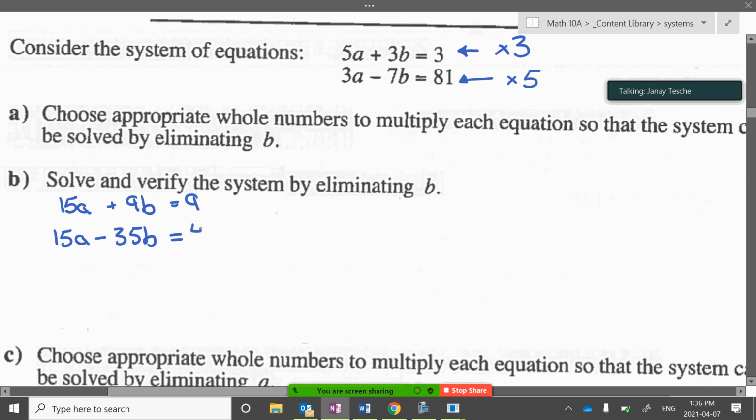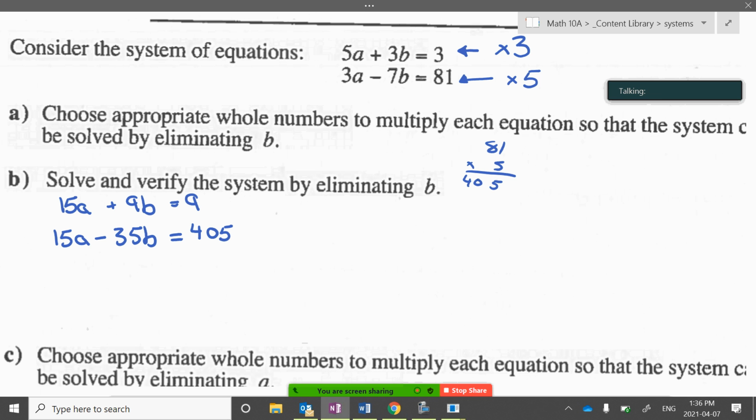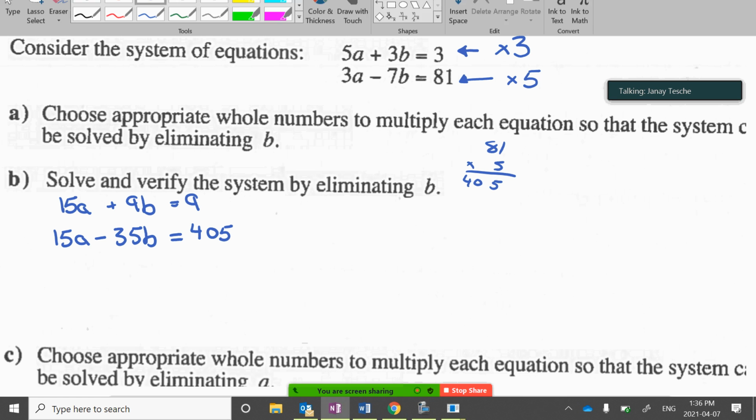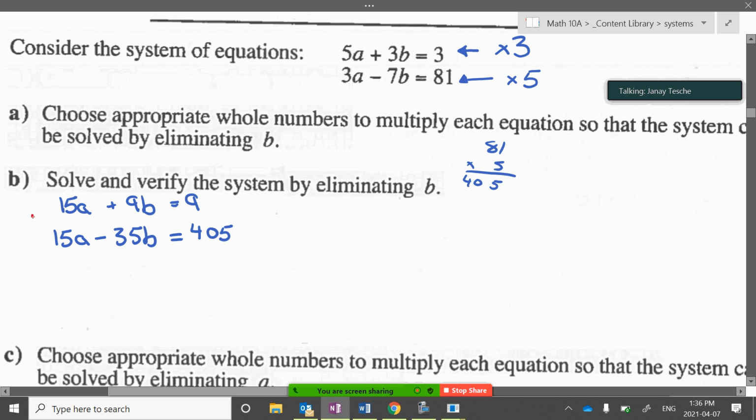Is that right? 81 times 5. Right? 5 times 1 is 5. 8 times 5 is 40. Okay, cool. Do I want to add or subtract these? Subtract. Good. If I add them, I end up with 30 a's, and that's not helpful.